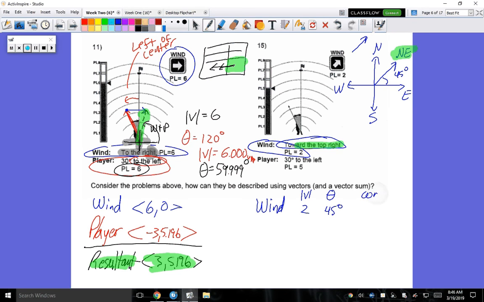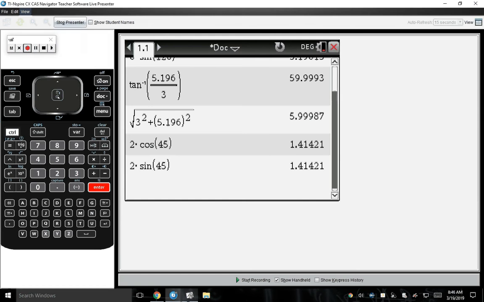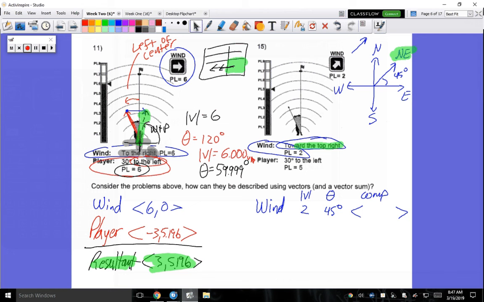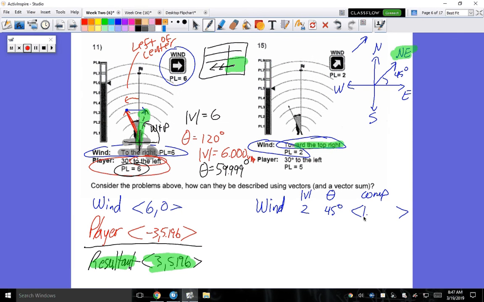And then the components are simply going to be, what is that x? 2 times cosine of 45, and then 2 times the sine of 45. And in this case, if I would go to my calculator, I'd get those pieces right there. So I'll put 1.414, 1.414. Okay, now let's do the player's vector.